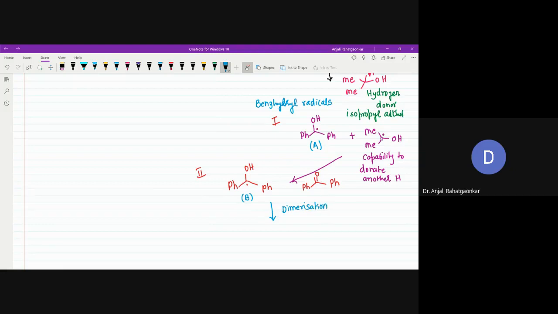Now, what is happening with this isopropyl radical? So this will go. Let us see. Whenever this benzhydryl radical forms, simultaneously it generates a ketone over here. It generates a ketone over here.